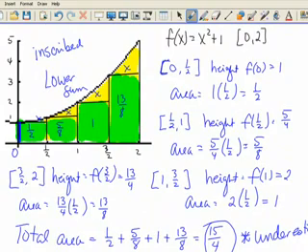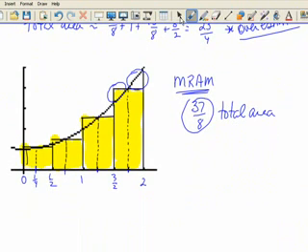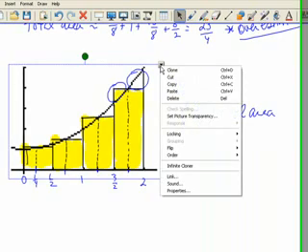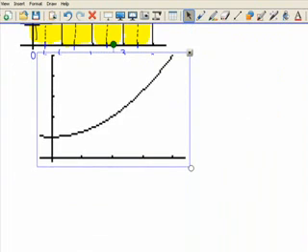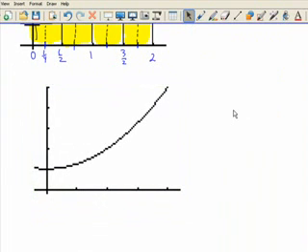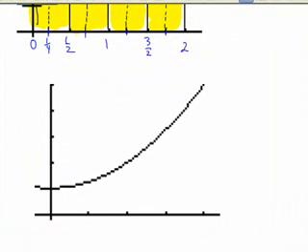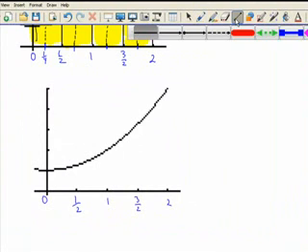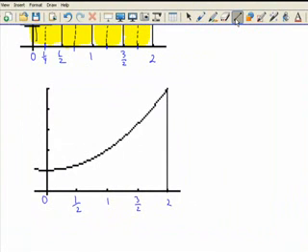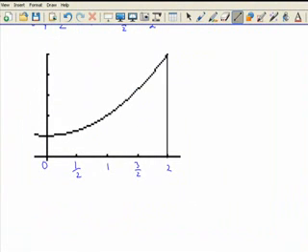Now, theoretically, how can we get a better estimate? Well, you could squeeze more rectangles in. Okay, think about it. What if instead of dividing it into 4 rectangles, what if I divided it up into 8 rectangles?